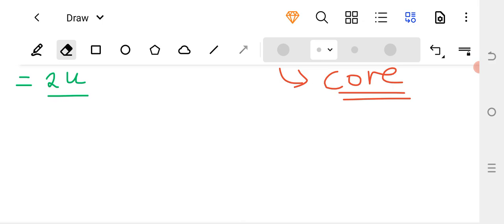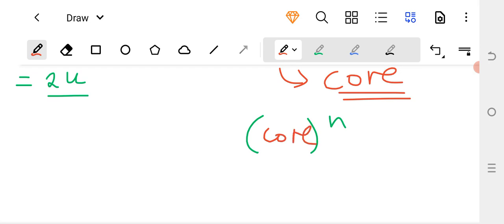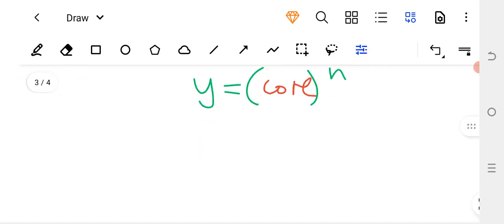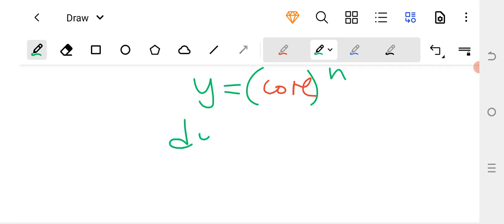Let's consider the core being raised to a particular power. So we will write our brackets there, power n, then inside we're going to have the core. So we have y being equal to this particular function. If we differentiate it, it is dy/dx equal to n times the core.